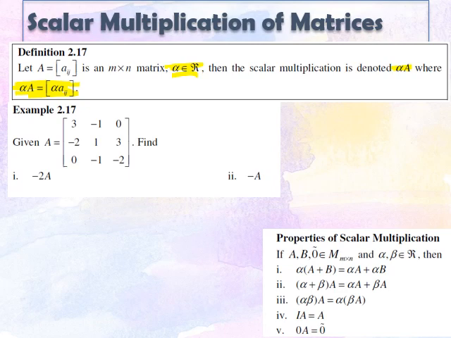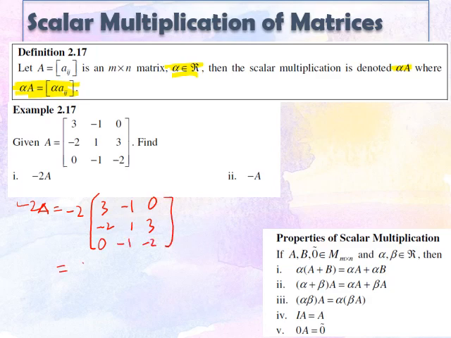For example, in this question, A is given as this one, and you want to find negative 2A. We multiply negative 2 to each entry of the matrix.